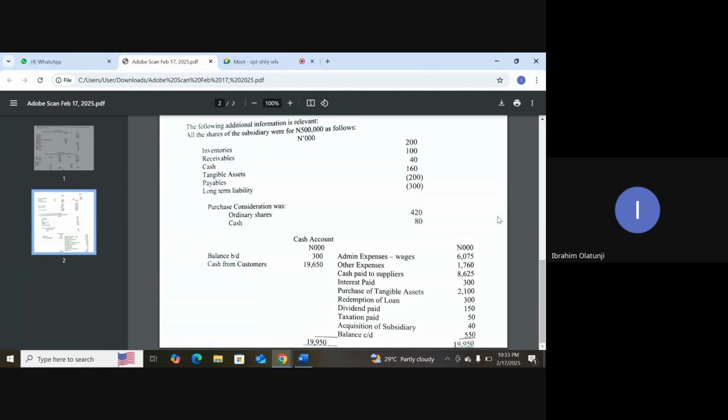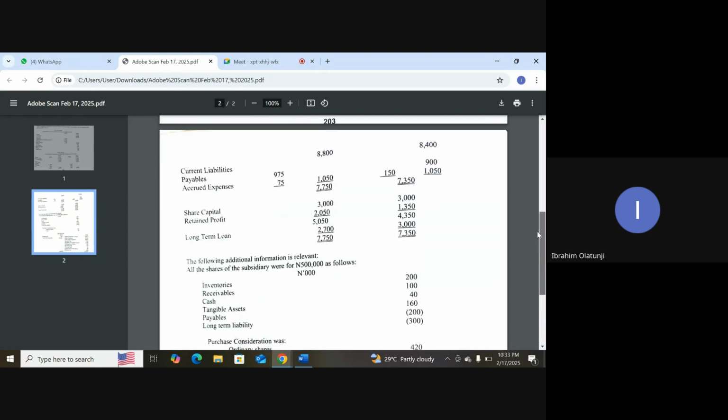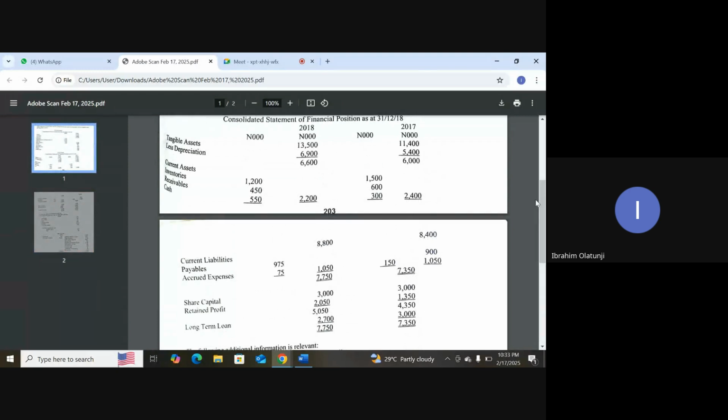In some cases you have to check your balance sheet item, then under your current assets you can see cash. Sometimes the examiner can mention bank. It's not necessary that they will say cash. They can say cash at bank. So that's where you can now think of your cash and cash equivalent opening balance.